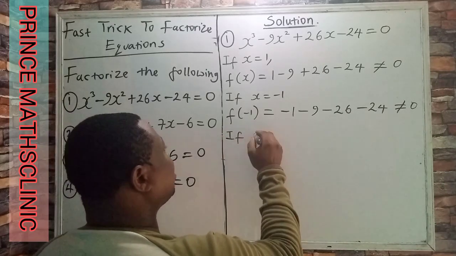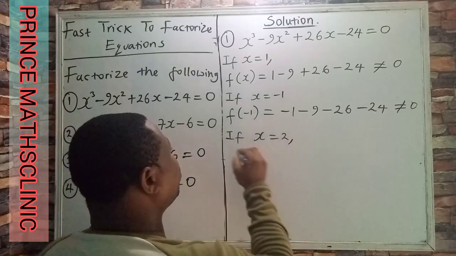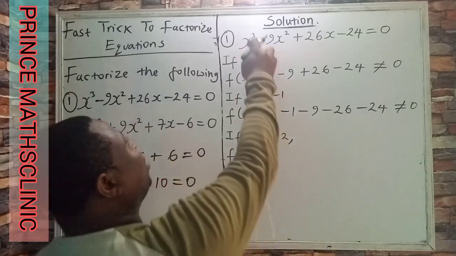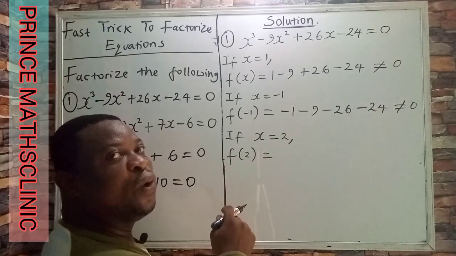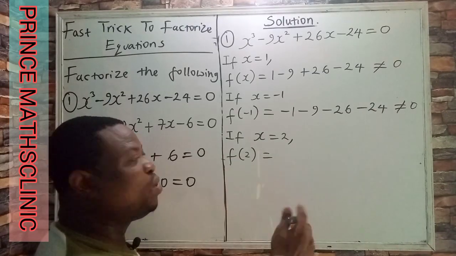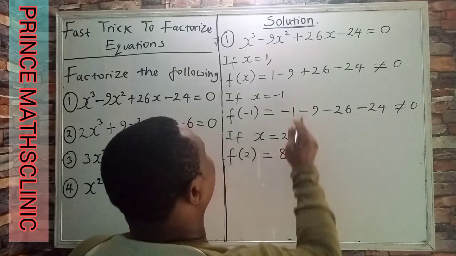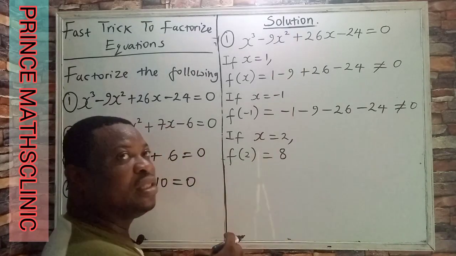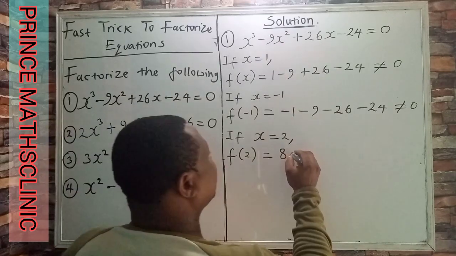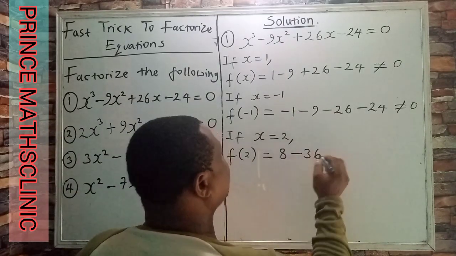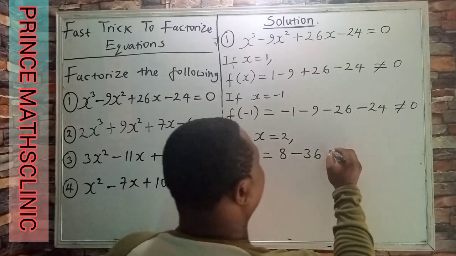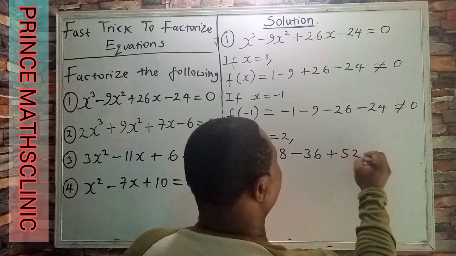If x is equal to 2, therefore f of 2, let's see what it will be. Let us put 2 into 3 places. It's 2 times 2 times 2, which is 8. Then 2 squared is 4. 4 times minus 9 is minus 36. Then 2 times 26 will give us positive 52.